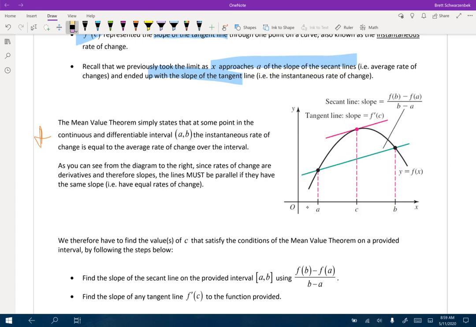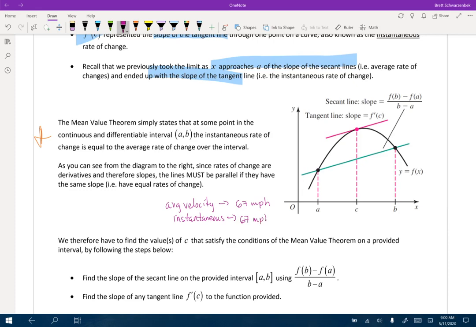This theorem is stating that if your average velocity on your trip is, let's say, 67 miles per hour, then somewhere on that trip, your instantaneous velocity also had to be 67 miles per hour.